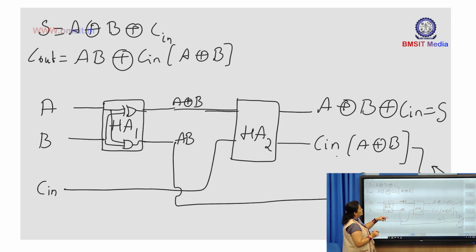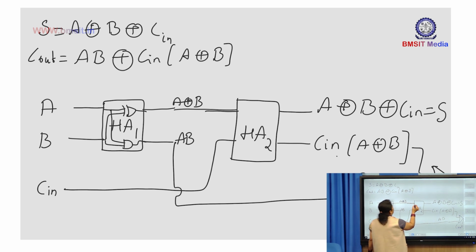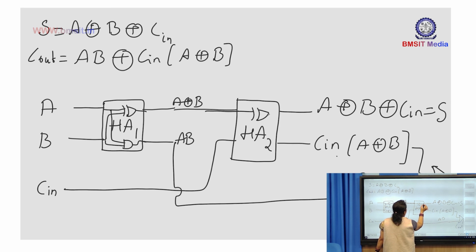So the first one I showed was the block diagram. The same block I am replacing by the logical diagram, where this is implemented using derived gates. Similarly, for this half adder also, A XOR of B XOR C in. So already we have A XOR of B. So I can write an XOR gate with one input and this is the second input.